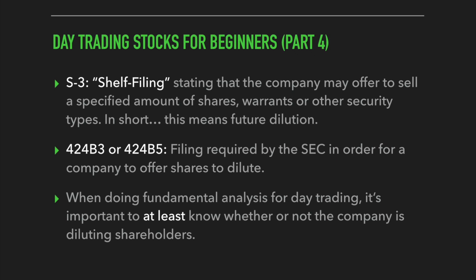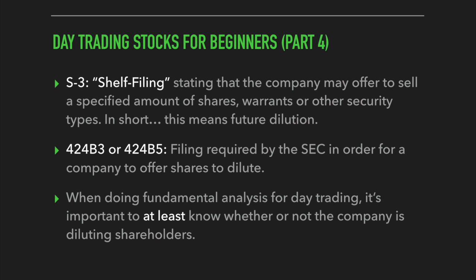In order to actually start selling those shares, they have to put out a 424B3 or a 424B5 filing, which generally says they are offering to sell maybe $20 million worth of shares in this current offering. Because they only sold $20 million worth of stock, there can be multiple other 424B3 or 424B5 filings to follow up with that S3 to sell the extra $80 million worth of shares that they're able to sell based on their S3 filing.